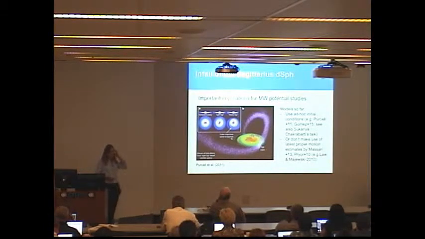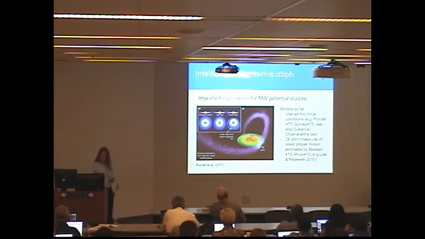So we applied the same approach that I described earlier for Sagittarius, and that's a significant improvement on existing studies that tend to either use ad hoc initial conditions, like we heard in Sukanya's talk on Monday, for example, or don't make use of the latest proper motion estimates.